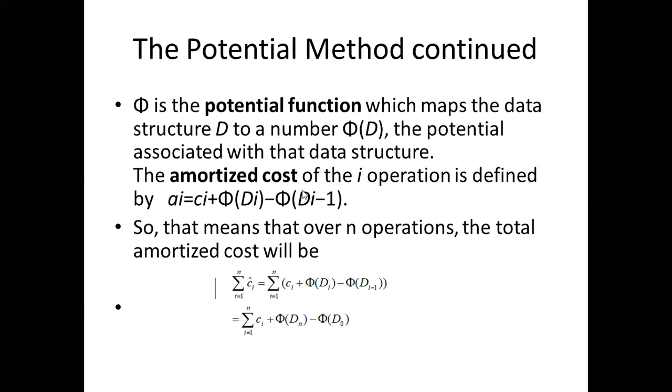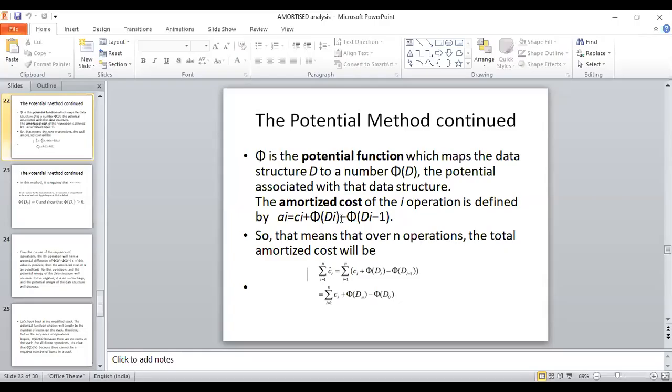The amortized cost of the ith operation is defined by Ai equals Ci plus phi of Di minus phi of Di minus 1. This is the amortized cost of the ith operation.